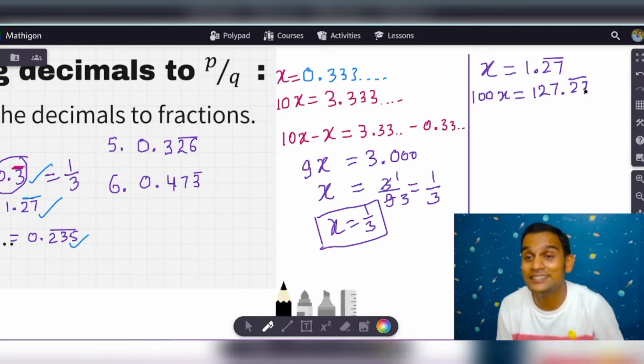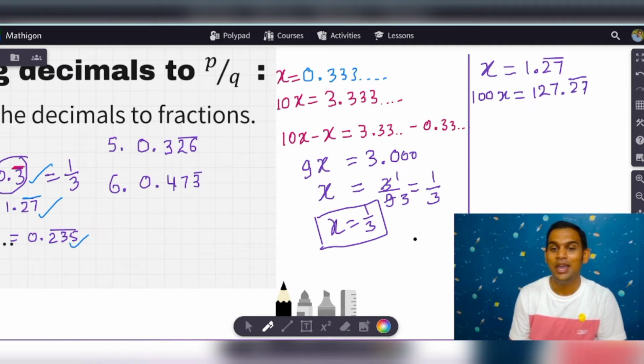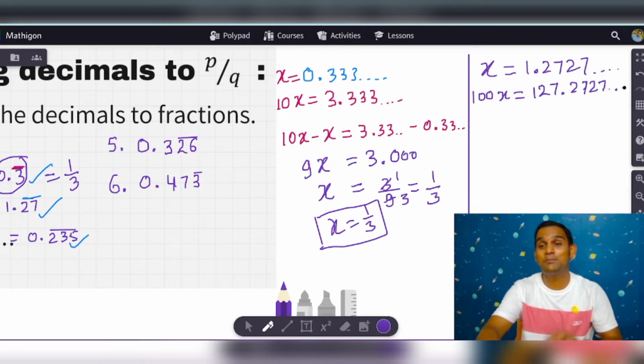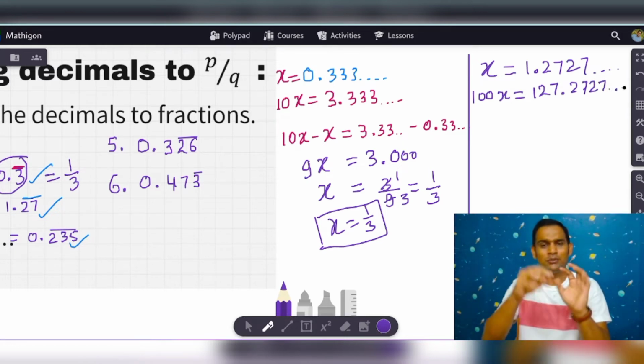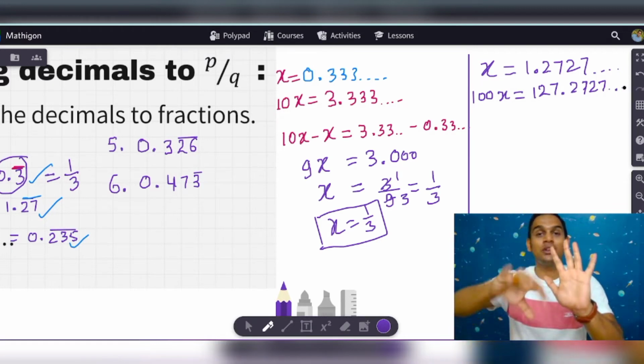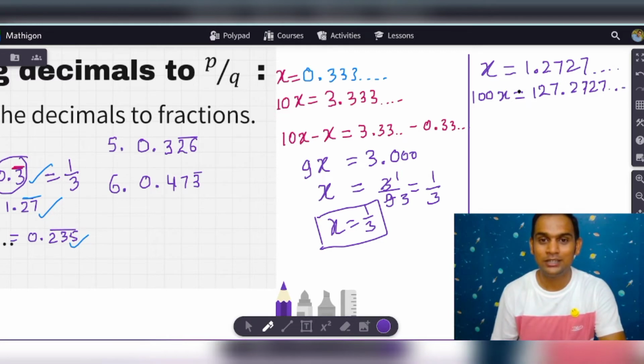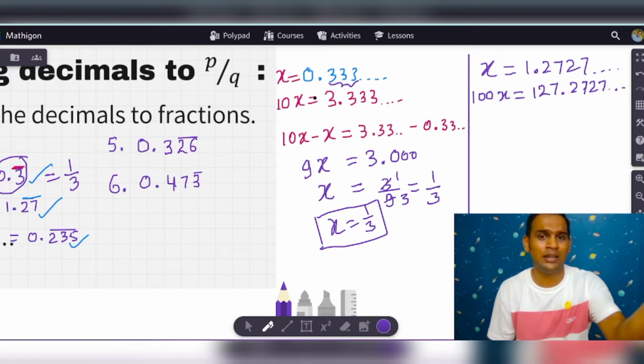So what is our objective right now? We are trying to multiply x with a number so that after the decimal expansion, we get the same numbers. Over here, we had to get 3333 after the decimal expansion, so we multiplied with 10 because that was enough.